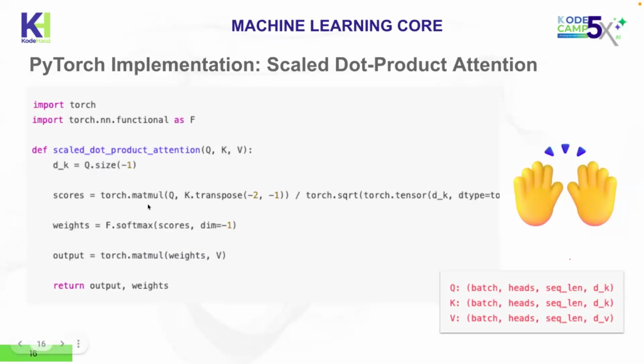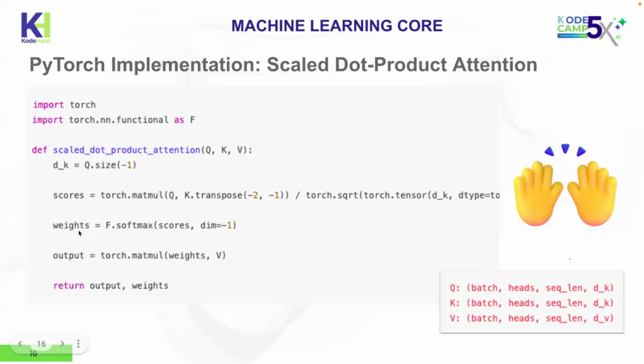Then you do the calculation. K transpose, you transpose -2, -1, basically the last two dimensions, the embedding dimension and the attention depth. Then you multiply by Q, and divide by the square root of the depth, dk. That gives you all the scores.